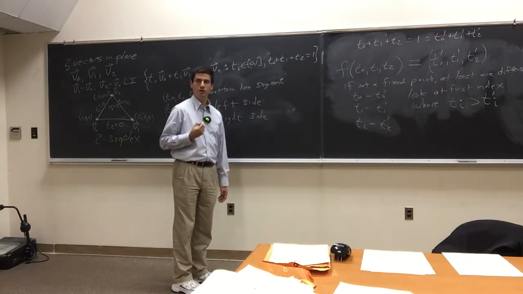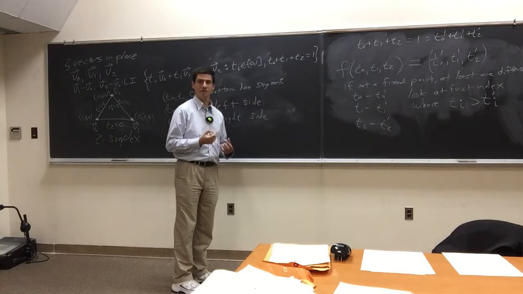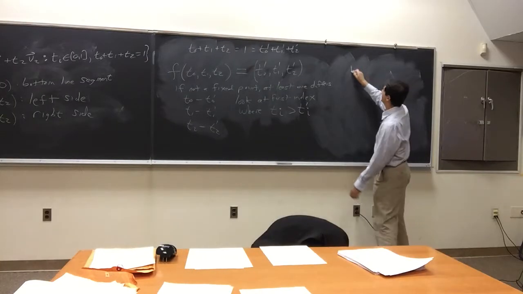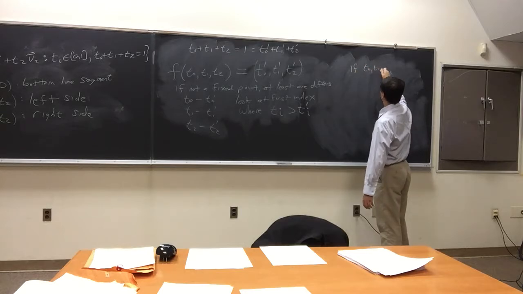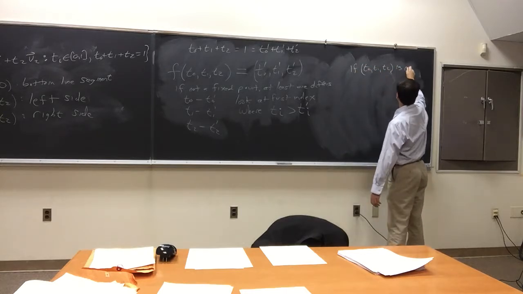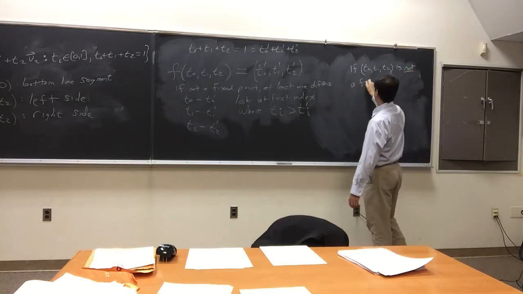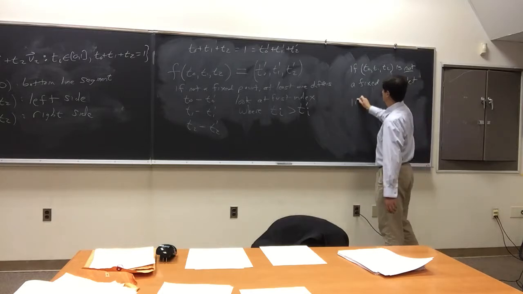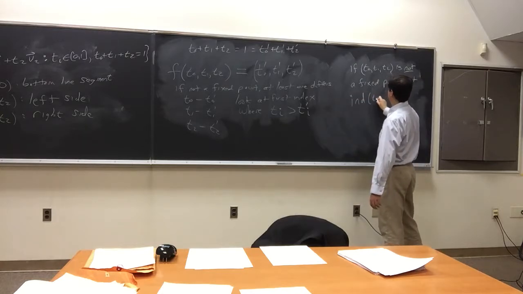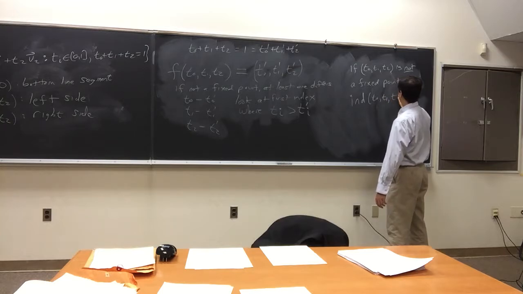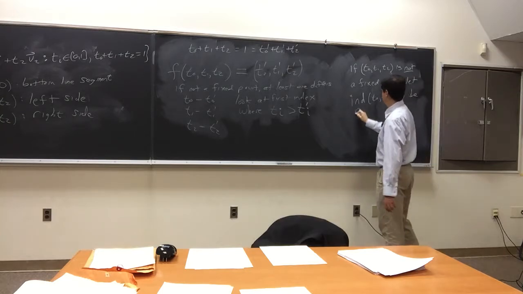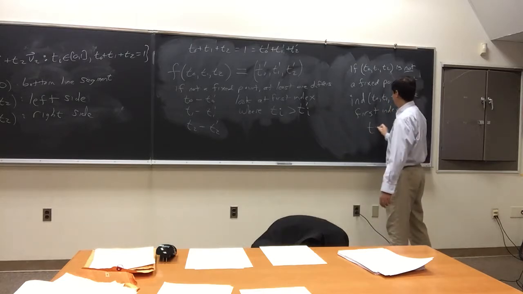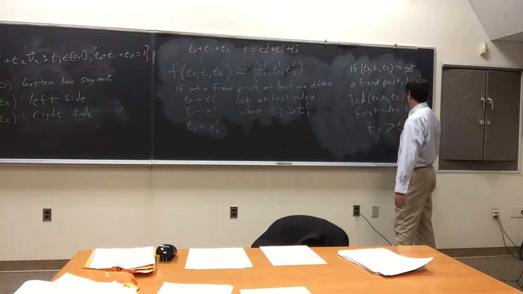So we can assign an index to everything that's not a fixed point. If t0, t1, t2 is not a fixed point, let ind, for index, of t0, t1, t2 be the first index such that ti is greater than ti prime.